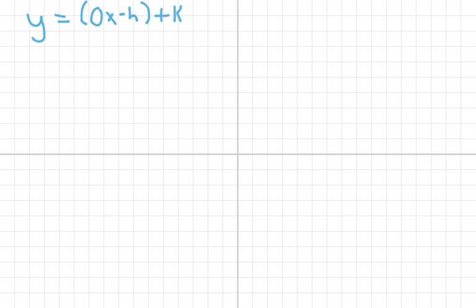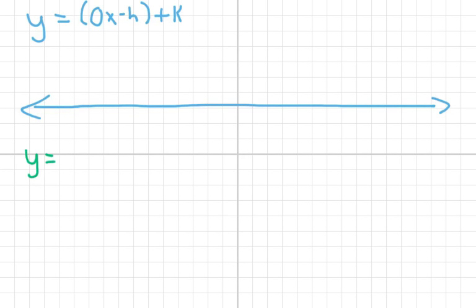And then basically the only thing you can do with this is you can't shift it left and right, but we could shift it up. So if we have y equals 3, we could shift it up by 2. If we shift it up by 2, that would be y equals 5.